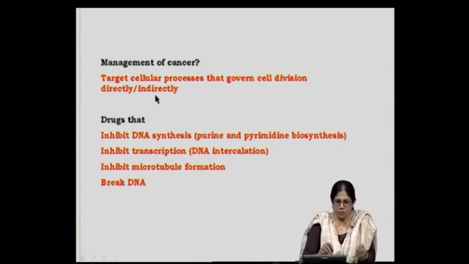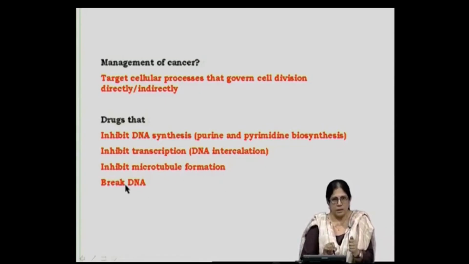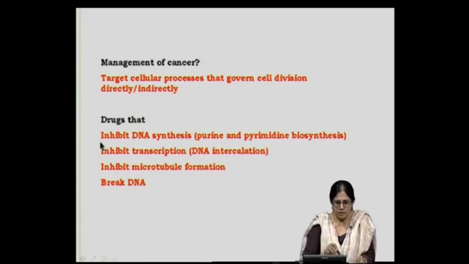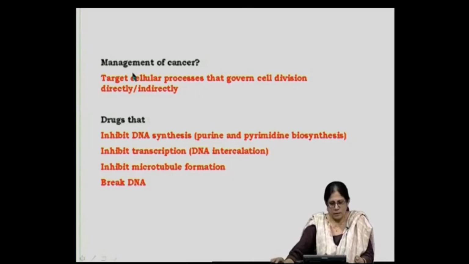So, what are these molecules? Of course, DNA synthesis itself, drugs that inhibit DNA synthesis, drugs that inhibit transcription, drugs that inhibit microtubule formation and drugs that break DNA. Okay. All these are the basis of management of cancer.